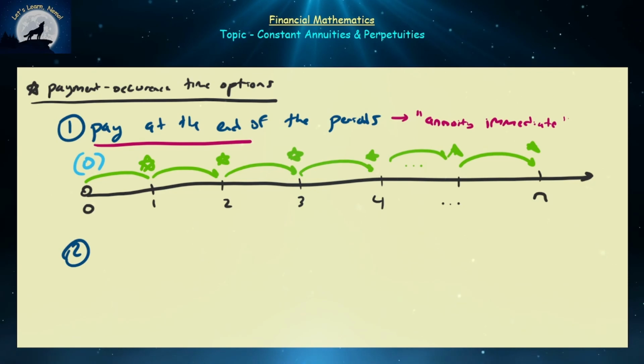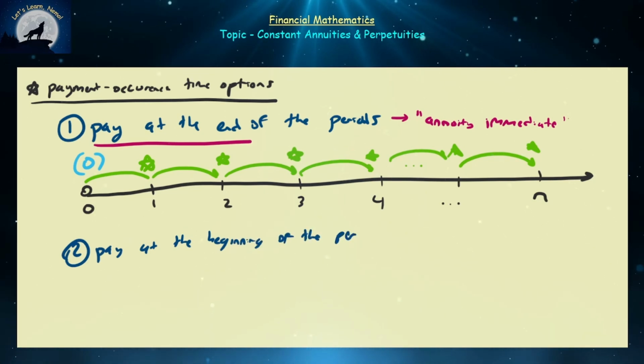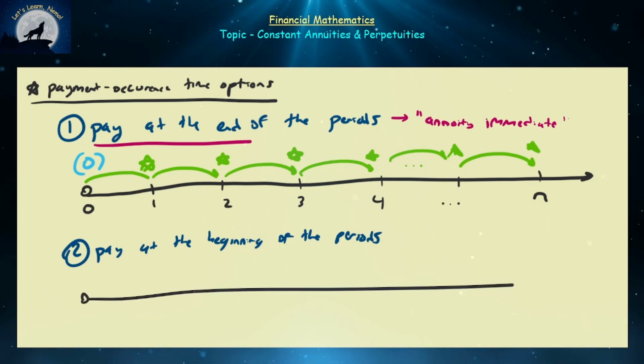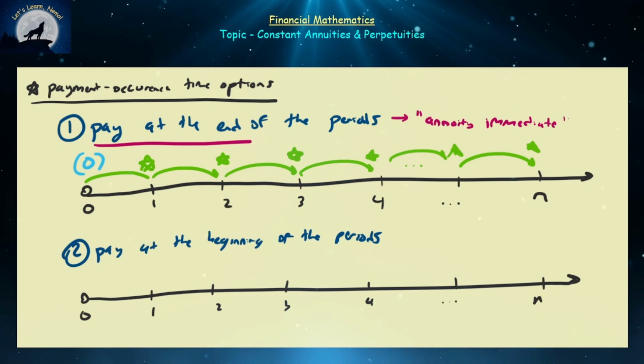A slight variation of this would be what? We can pay at the beginning of the time periods. So let's take a look at what the timeline would look like for that. Let's keep them parallel. So again, 0, 1, 2, 3, 4, all the way down to potentially the last one.